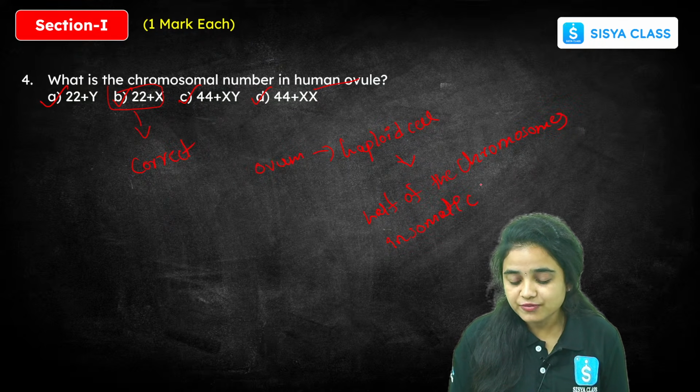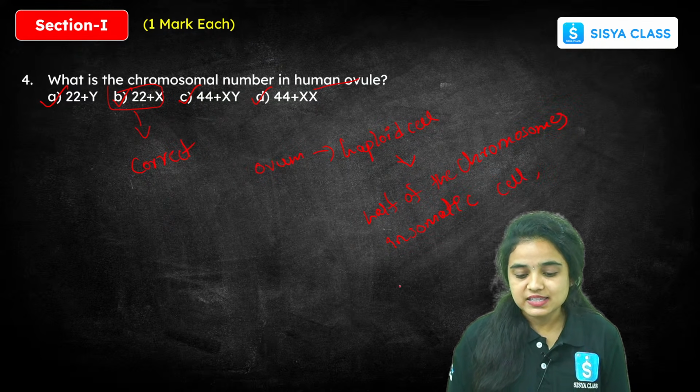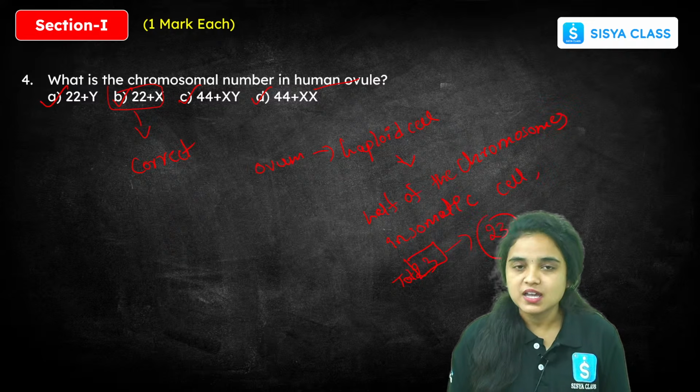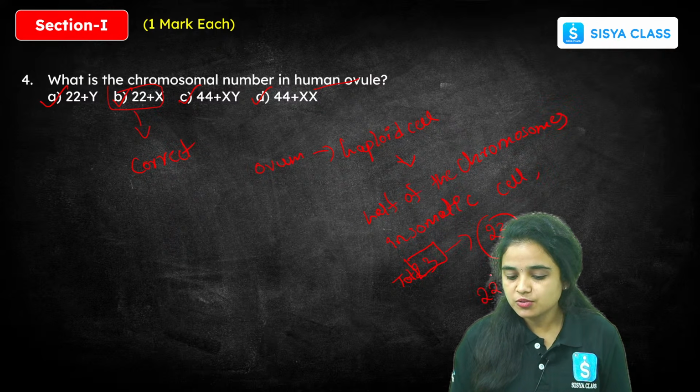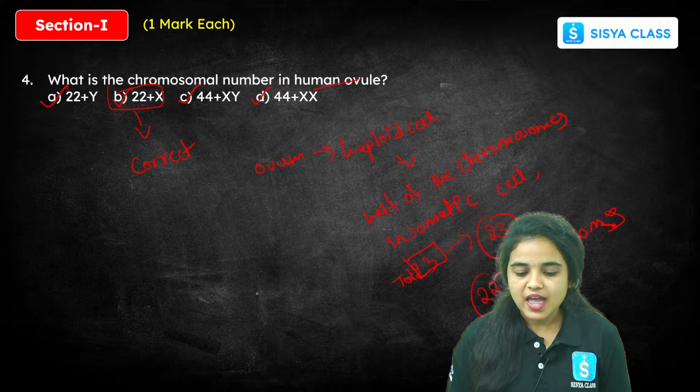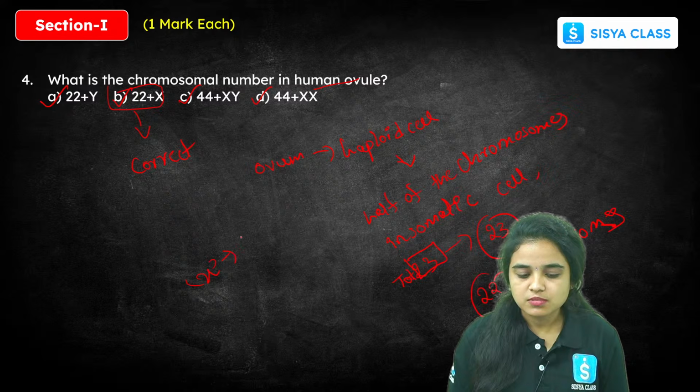It has a total of 23 chromosomes, like 22 autosomes and 1 X sex chromosome.